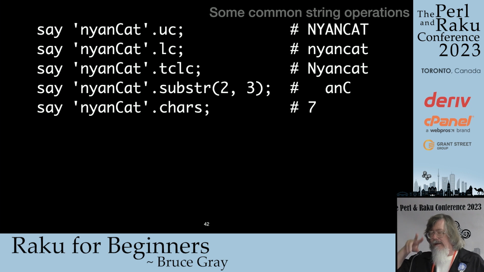Doing things like quote, quote, dot join, and then giving it a list is backwards. With methods, we have sane objects that are running the methods.